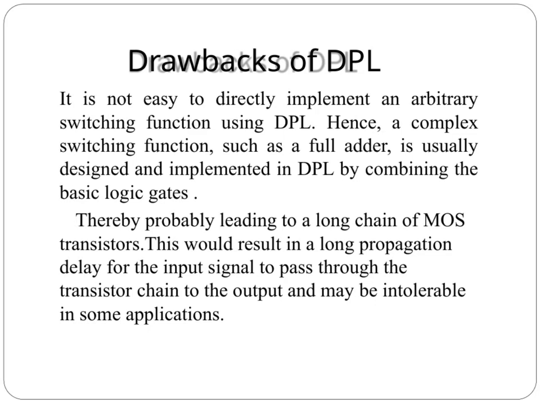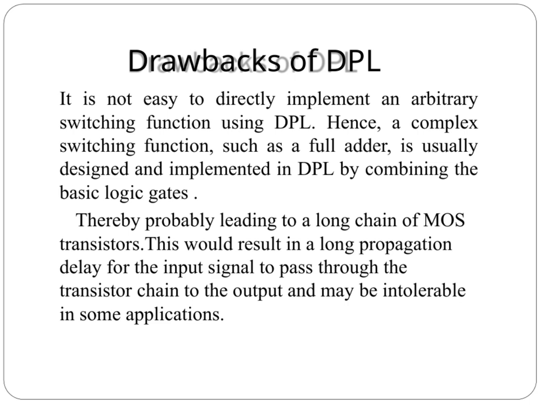One of the main drawbacks of differential pair logic, or DPL, is that it isn't straightforward to directly implement any arbitrary switching function with it. For more complex functions, like a full adder, the design typically involves combining several basic logic gates implemented in DPL. This approach often creates a long chain of MOS transistors.